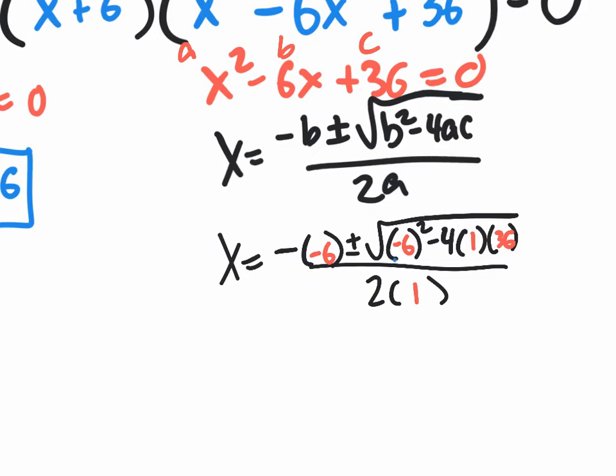So how do we begin this thing? You start with your discriminant. What's negative 6 squared? 36. Okay, what's 4 times 1 times 36? Calculator time. Somebody help me out here. That's going to be a negative... negative what?